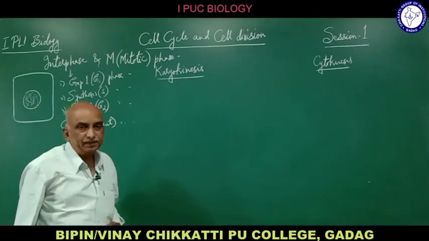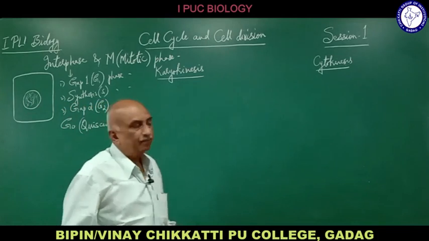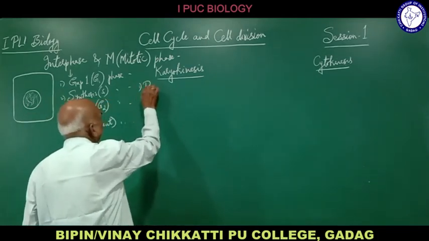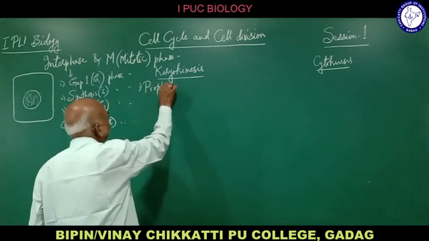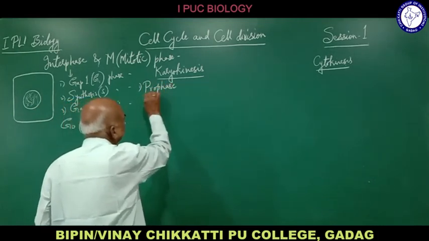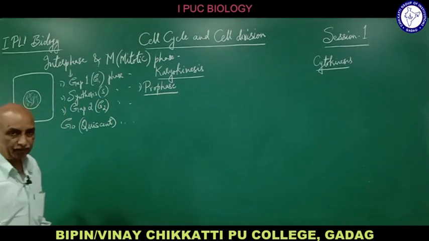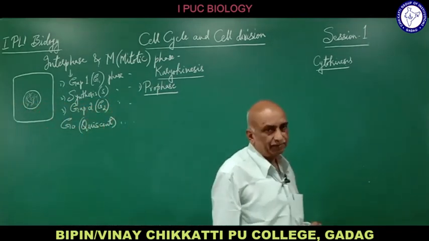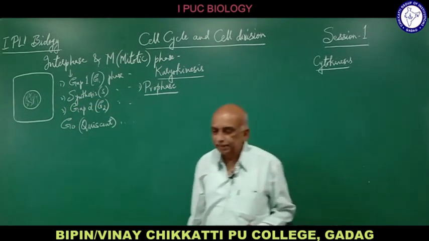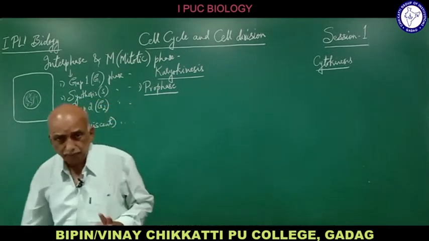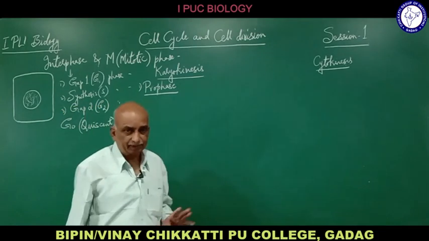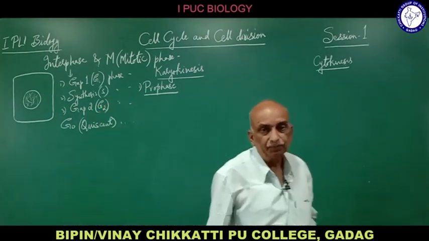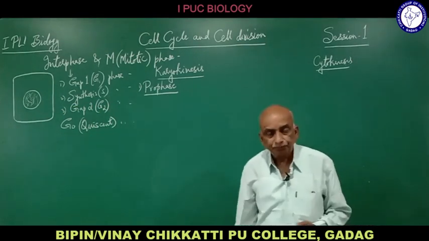Now in karyokinesis again there are four steps: prophase, metaphase, anaphase, telophase. Basically we have come across cell division in the lower classes, so these terms are not new to us.